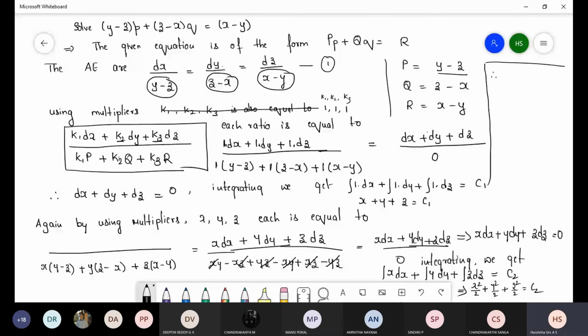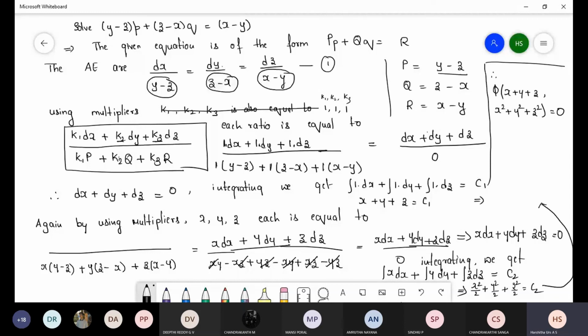Therefore, the general solution of the partial differential equation is phi of x plus y plus z, comma, x square plus y square plus z square is equal to 0. Here I write this step above this.